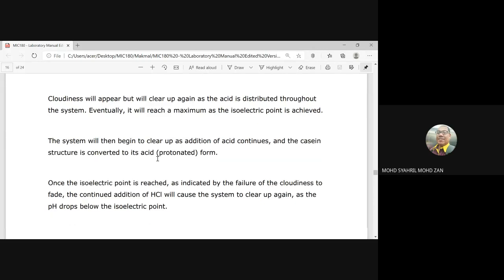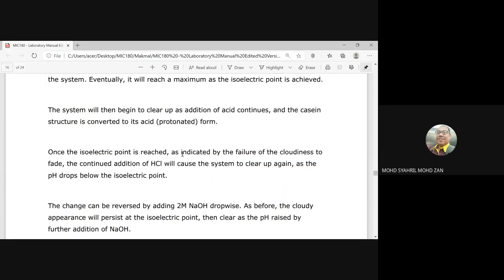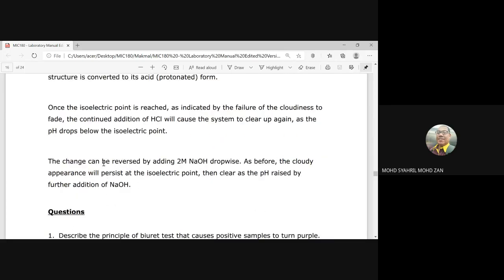Once the isoelectric point is reached, as indicated by the failure of the cloudiness to fade, the continual addition of HCl or hydrochloric acid will cause the system to clear up again as the pH drops below the isoelectric point. So the change can be reversed by adding 2 molar sodium hydroxide dropwise.